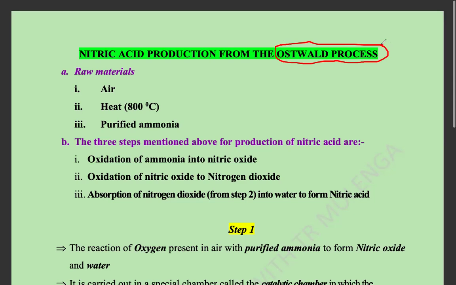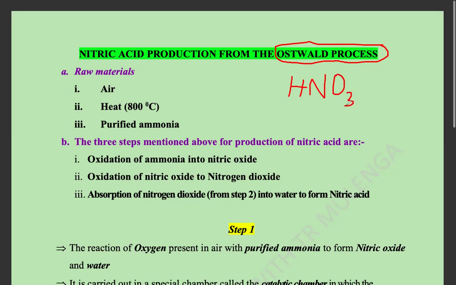We also have another process we call the contact process, which is used in production of another acid. So in today's lesson, we're going to look at the Ostwald process, which is used to manufacture this common acid we call nitric acid.